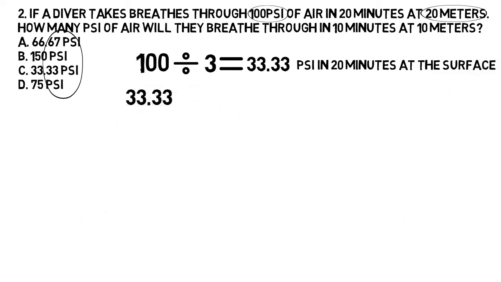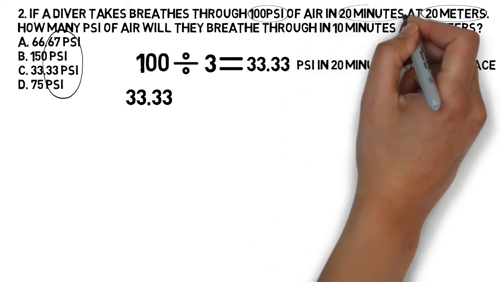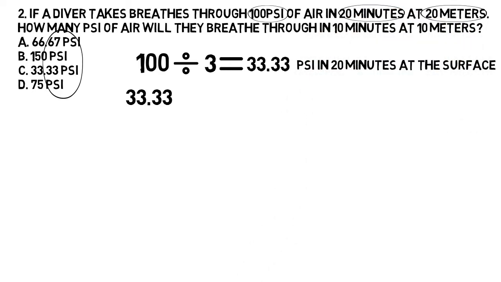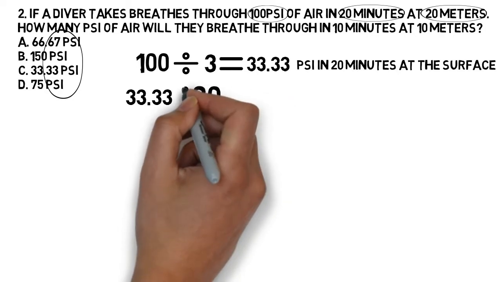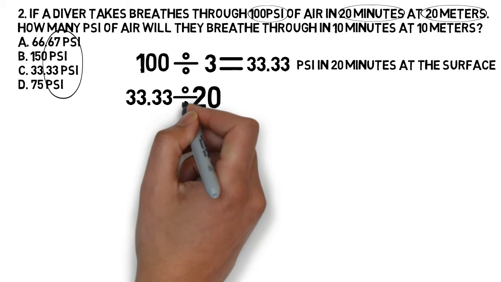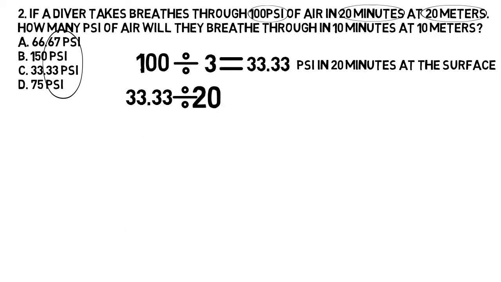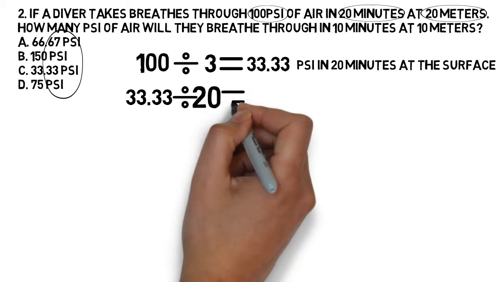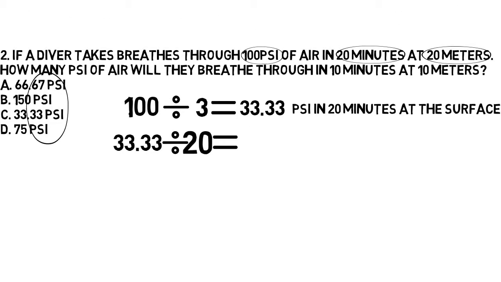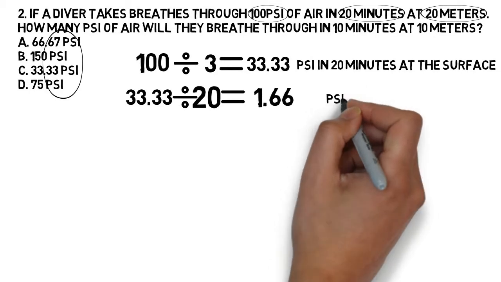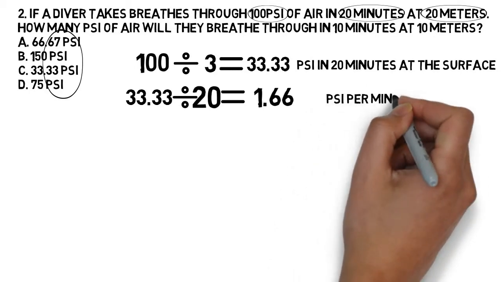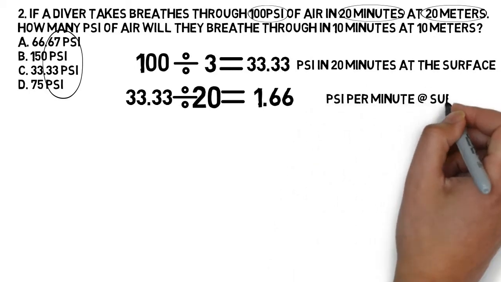So let's take that and work out how many psi of air I'm breathing through per minute. And 33.33 divided by 20 will give me the amount of psi I will be breathing through per minute at the surface. I'm going to breathe through 1.66 psi of air per minute at the surface.